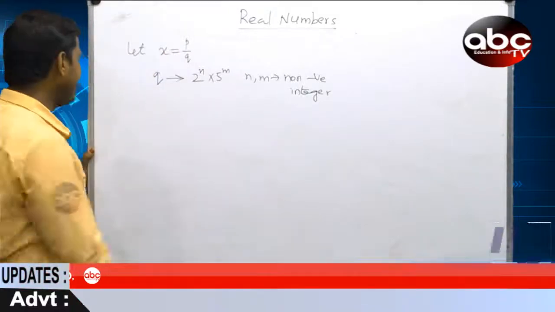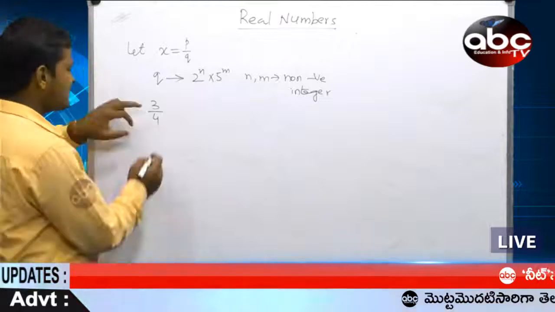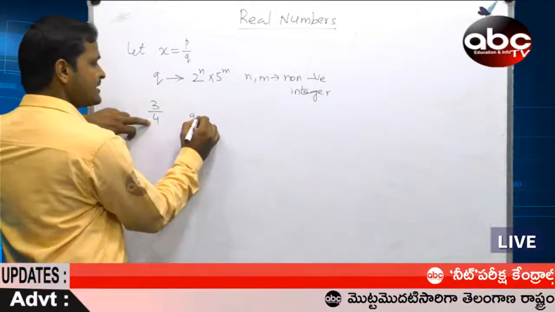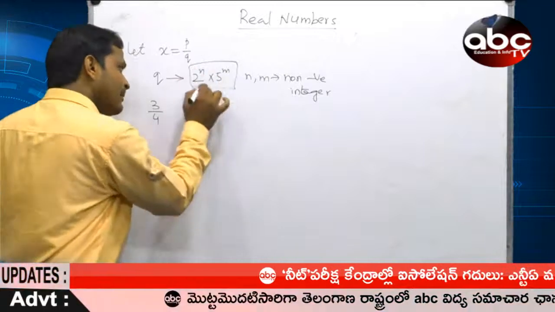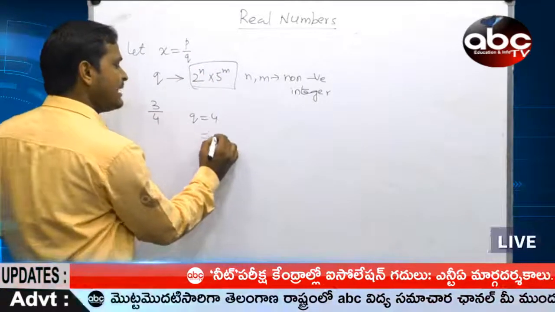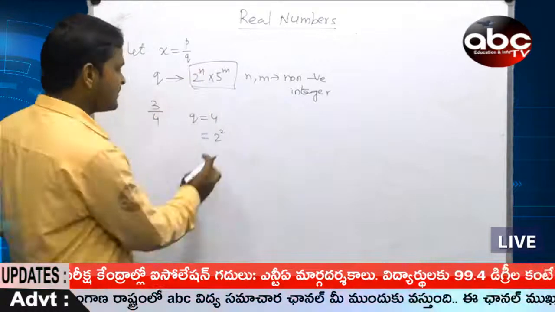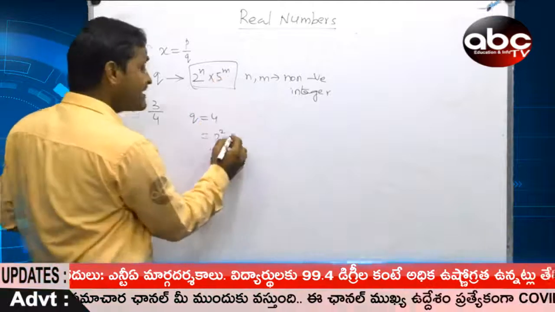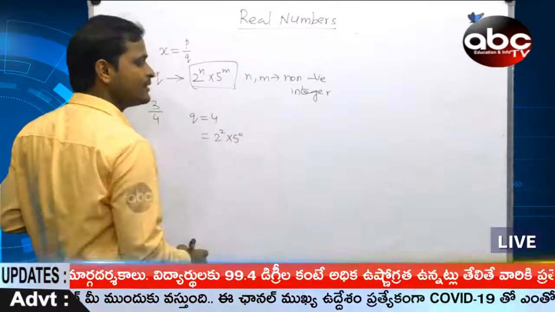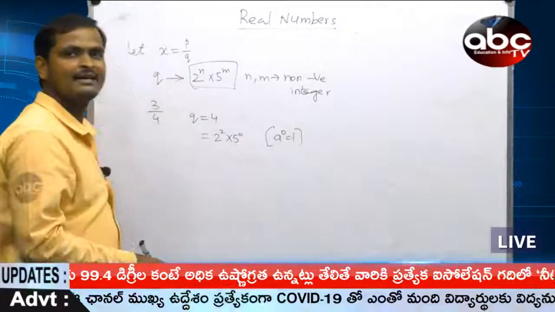Okay, see, for example 3 by 4. What is the value of Q here? Q is equal to 4. You can write Q in the form of 2 square. Okay. 2 power n is nothing but 2 power 2. Then what is the value of 5 power m? 5 power 0. Already you know students, something power 0 is 1.